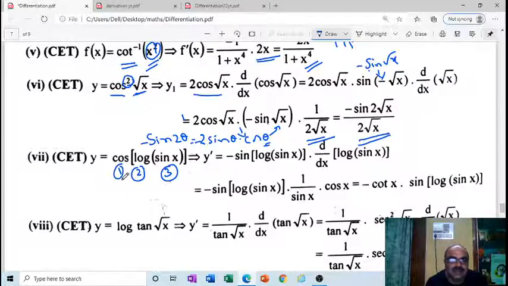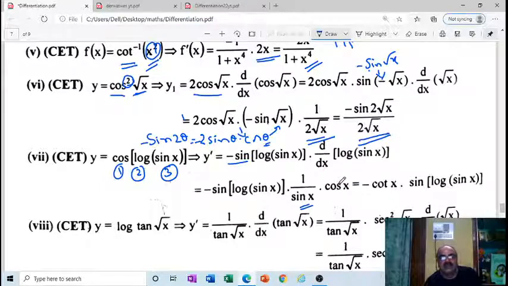So what is number 1? Cos differentiation. For cos of log of sin x, the cos differentiation is minus sine, so minus sine log of sin x is the first differentiation. Number 2, log sin x differentiation is 1 by sin x.